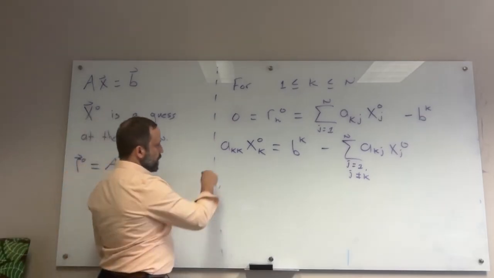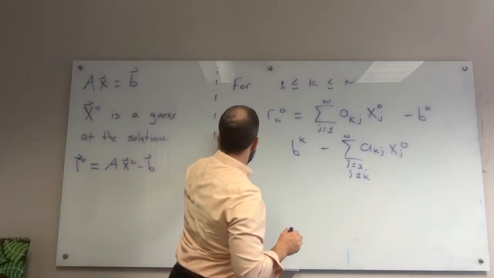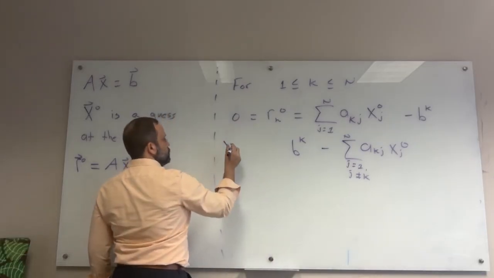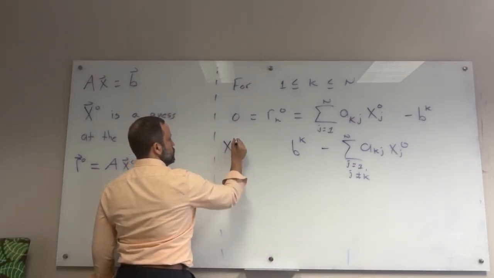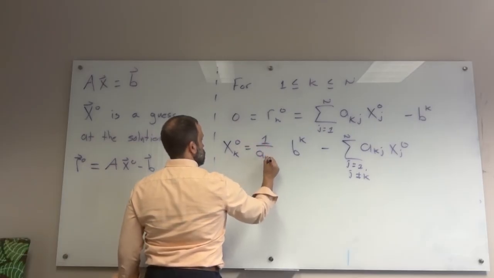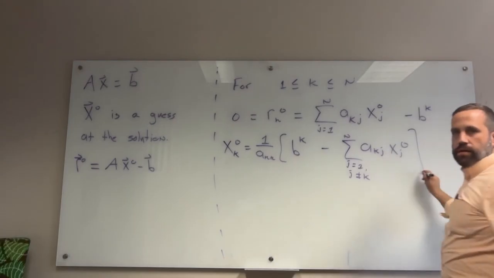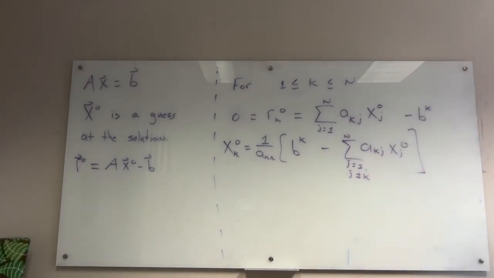And then if we divide both sides by a_kk, we're going to get something like this.